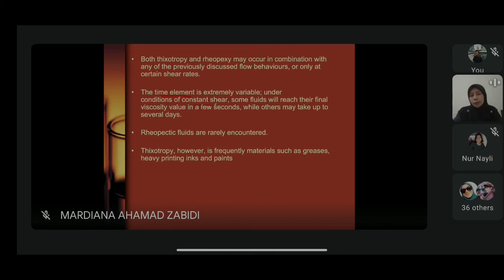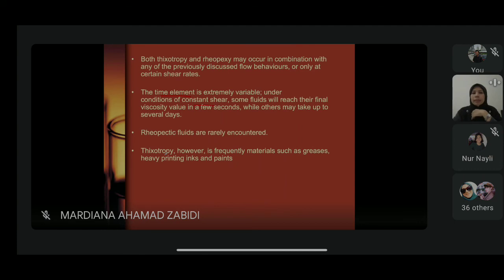So if you join the food industry later, it is very common to see some products being mixed for a period of time. Sometimes it is required for several hours because they want to reach the consistency or the viscosity of that particular product. Rheopectic fluids are rarely encountered, but thixotropy is frequently encountered.